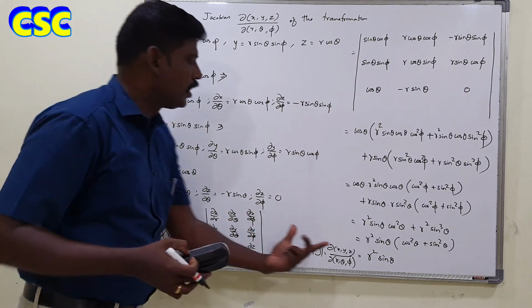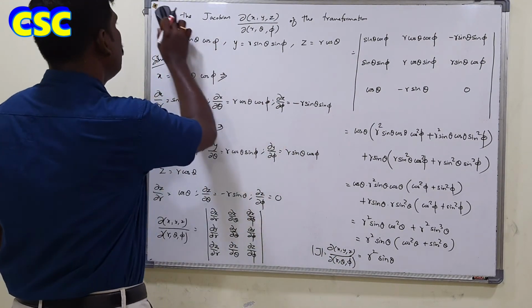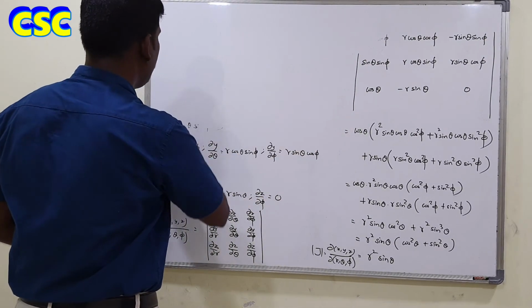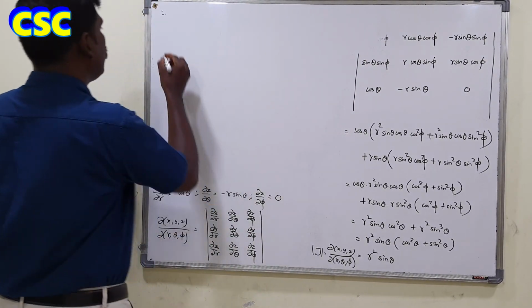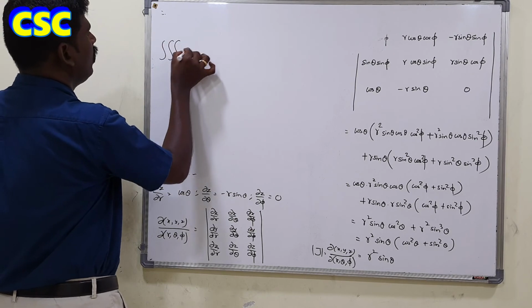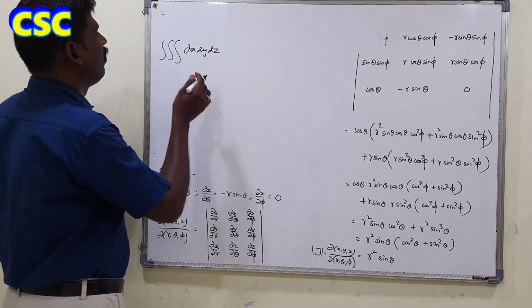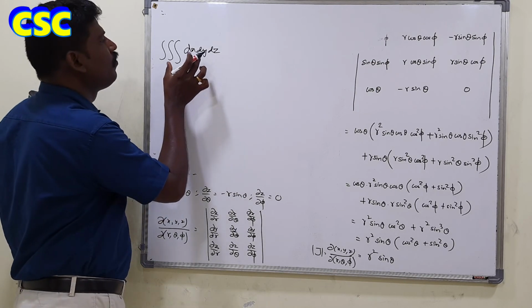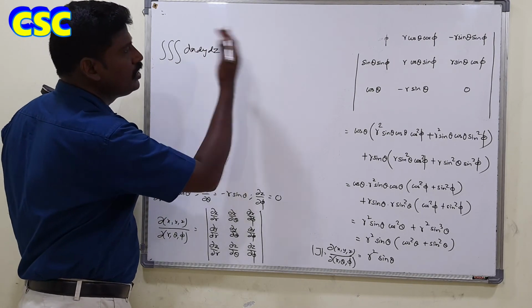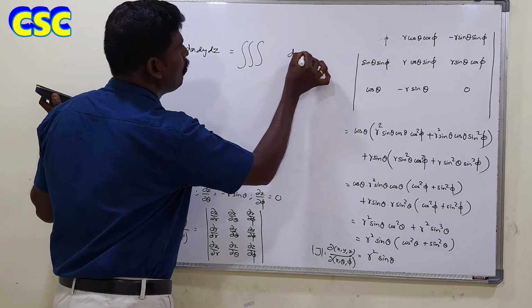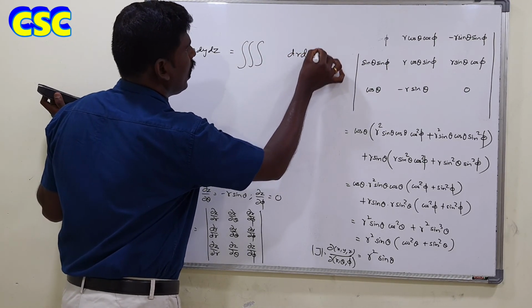What we understood from this Jacobian: suppose if you want to change the variables in multiple integrals, for example, integral dx dy dz. Suppose it is difficult to find this value, we can change the variables into polar coordinates, dr d theta and d phi.